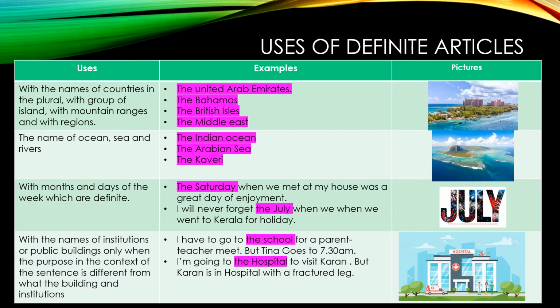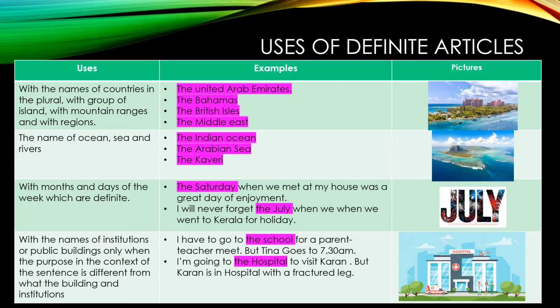So we are talking about a particular Saturday when we had a great time at a particular friend's house. I will never forget the July when we went to Kerala for a holiday. So we are talking about that particular month where we enjoyed having a holiday with our family.